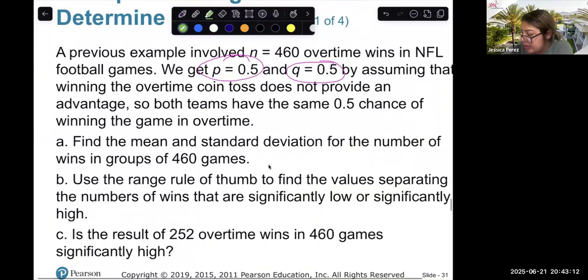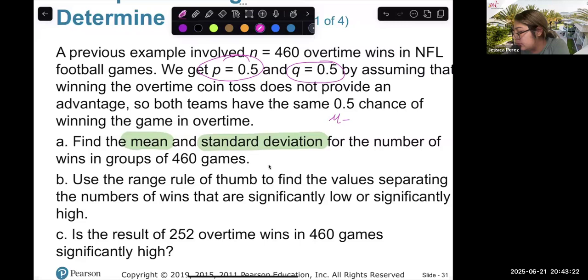They want us to find the mean and the standard deviation of wins for 460 games. Remember, to find the mean, it's n times p. In this case, it is 460 times 0.5. So let's punch that in our calculator: 460 times 0.5 is 230. So the mean is 230.